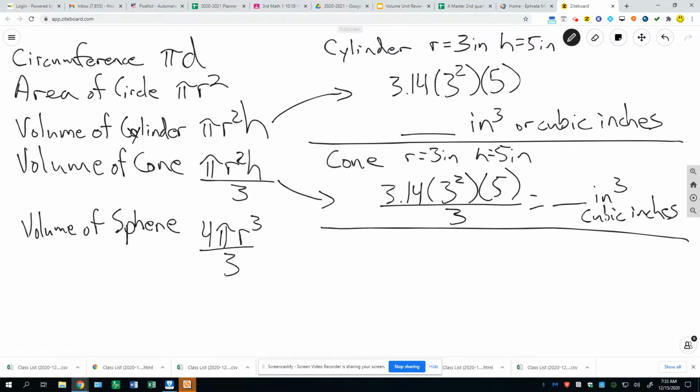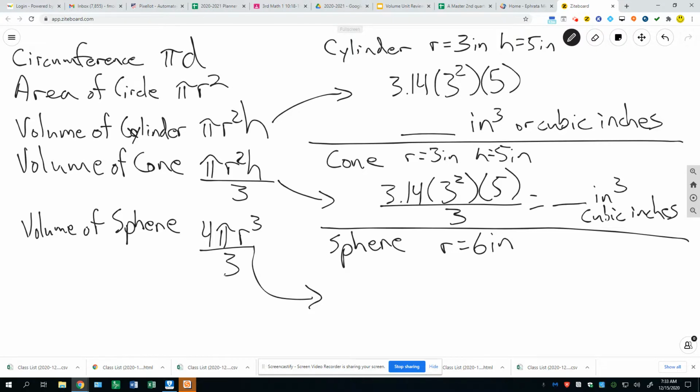And now, if I have a sphere with a radius of 6 inches, I'm going to take this formula right down here because that's my formula.